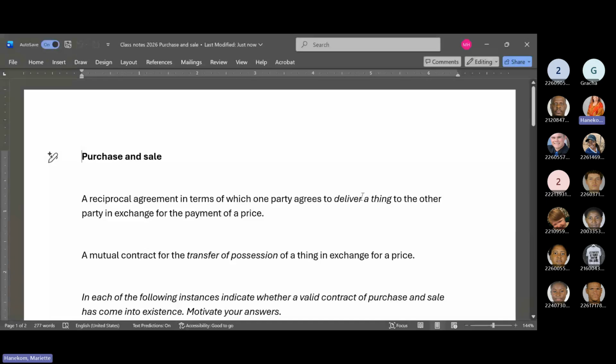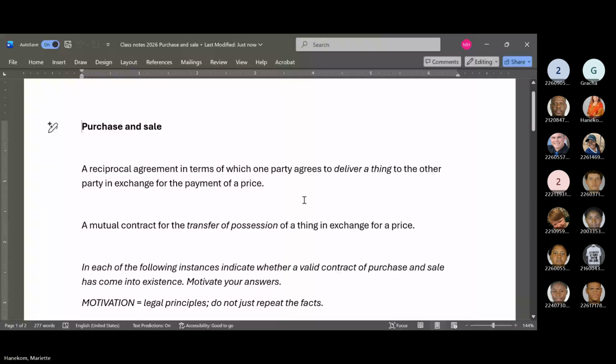Okay, so we've learned so far that a contract of purchase and sale is a reciprocal agreement for the delivery of a thing, for the transfer of possession of a thing in exchange for a purchase price.